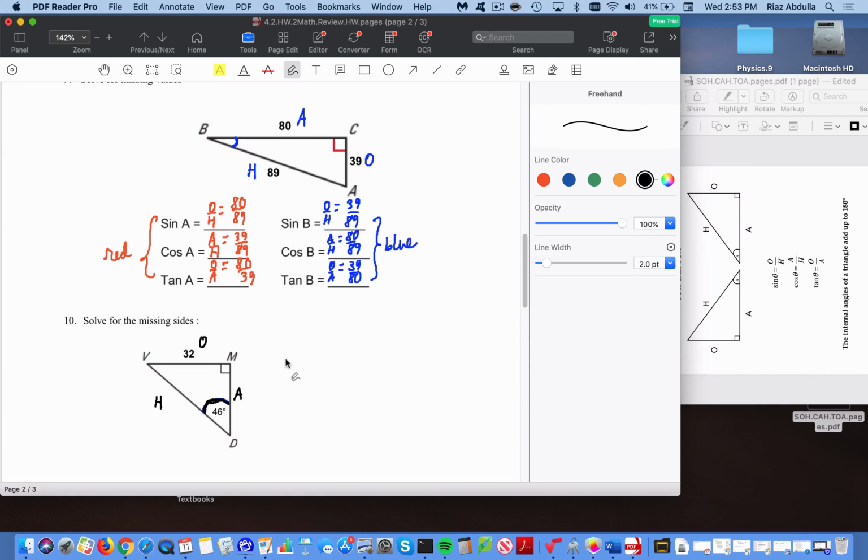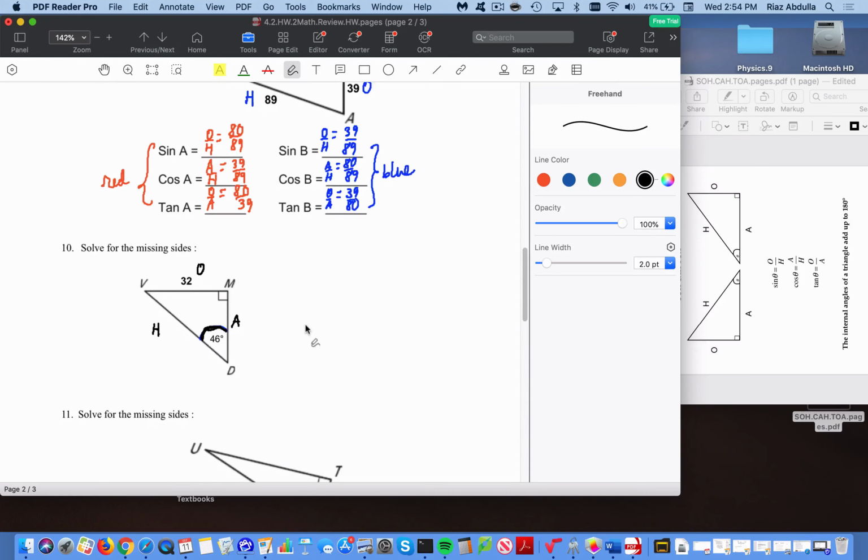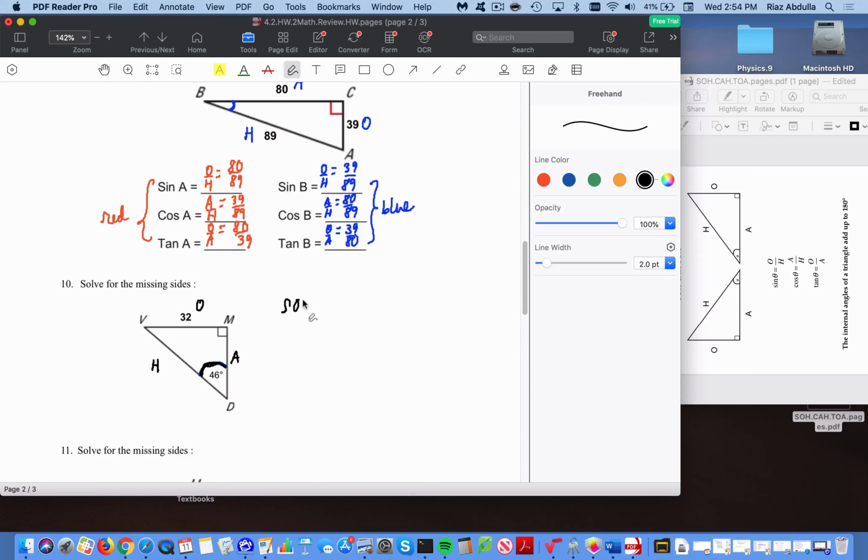The first thing, I want to get A, and I have O. So if we use SOHCAHTOA to guide us, once again, I have O here.